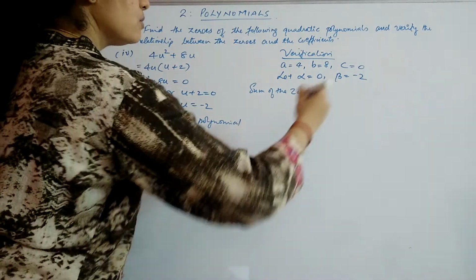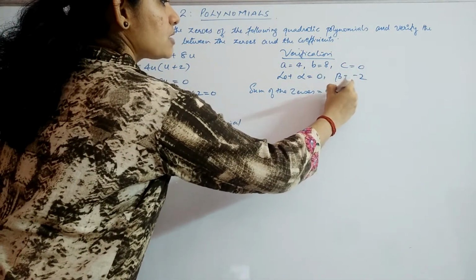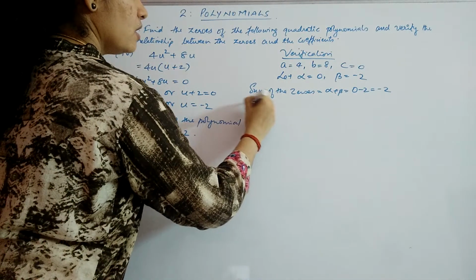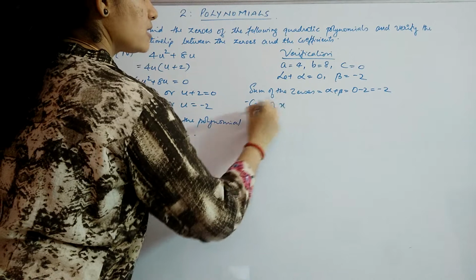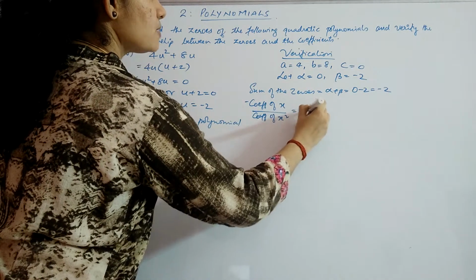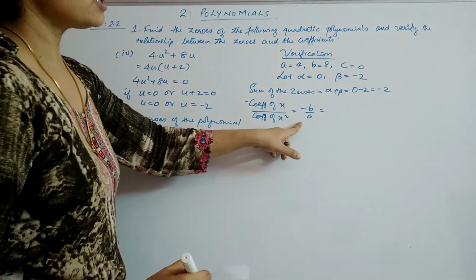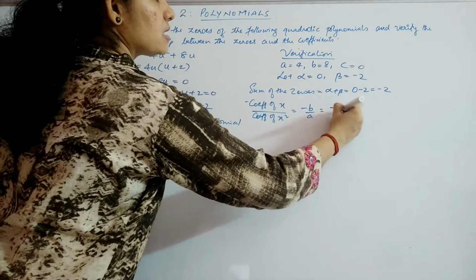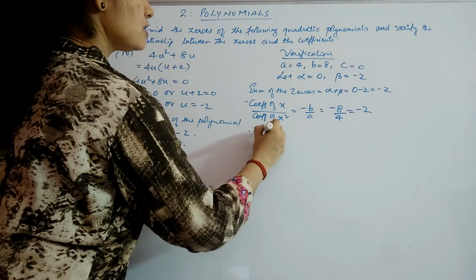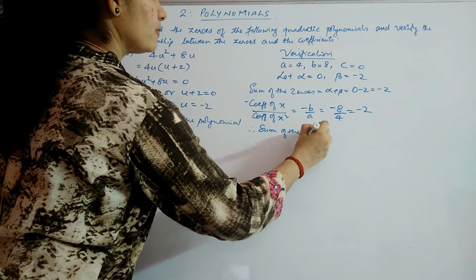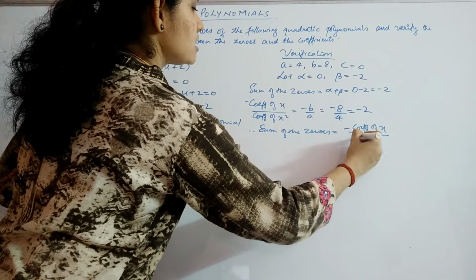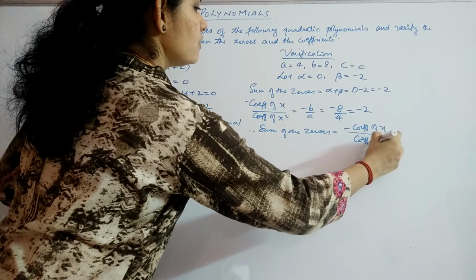Sum of the zeros is alpha plus beta, which gives 0 minus 2 equal to minus 2. Now we go for the negative coefficient of x divided by coefficient of x square, which is minus b by a. Minus b is minus 8, a is 4, so we are getting minus 2. Therefore, the sum of the zeros is equal to negative coefficient of x divided by coefficient of x square.